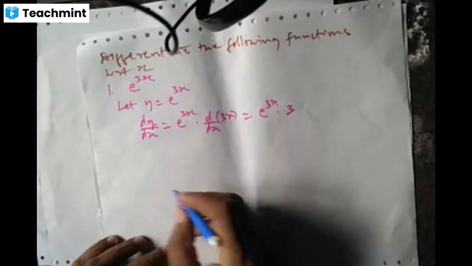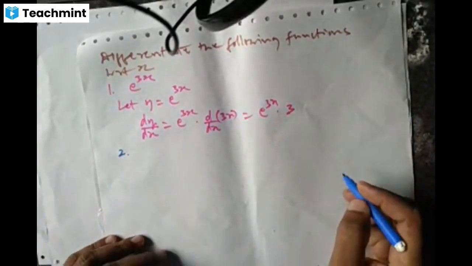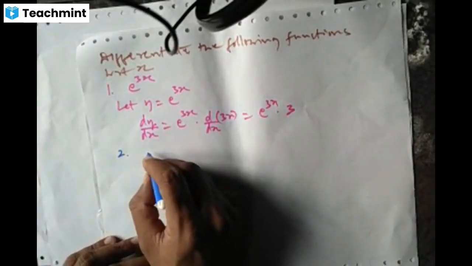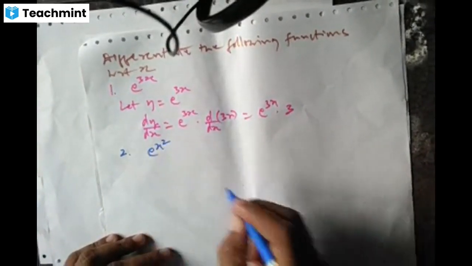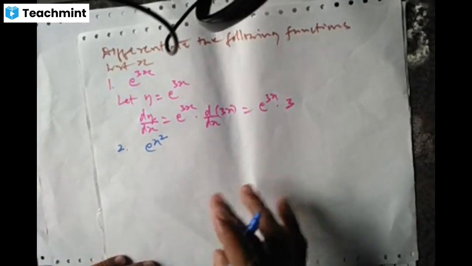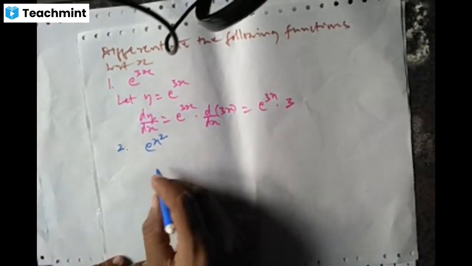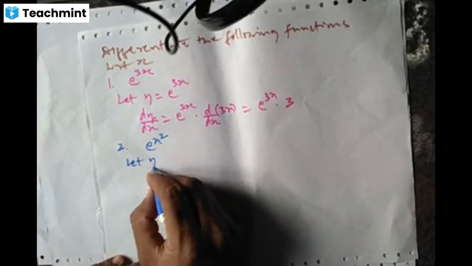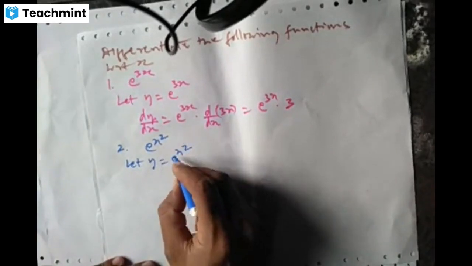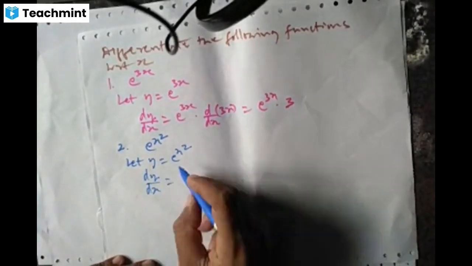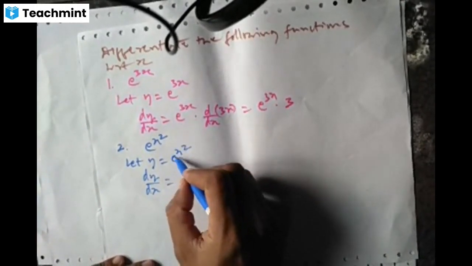Similarly, the second one, I'll take the second function as e power x square. Again, this is a composition of two functions, so we have to use the chain rule to find its derivative. So we shall take the given function as y. So dy by dx is equal to, you just assume x square as a single variable u.